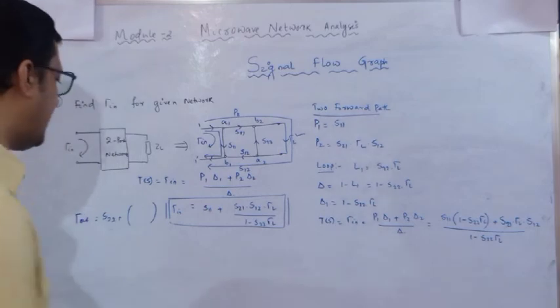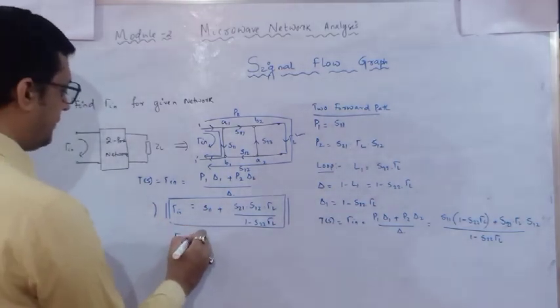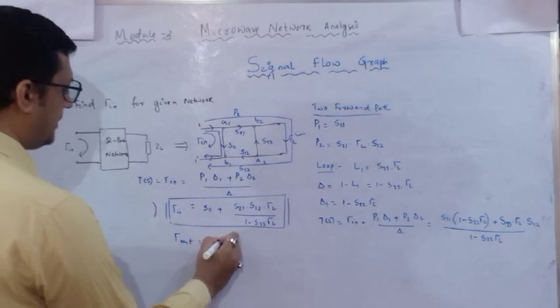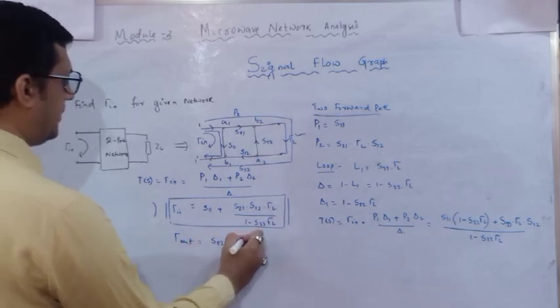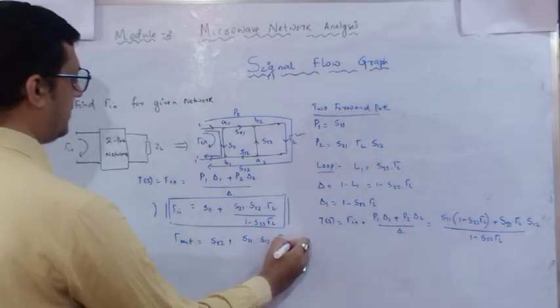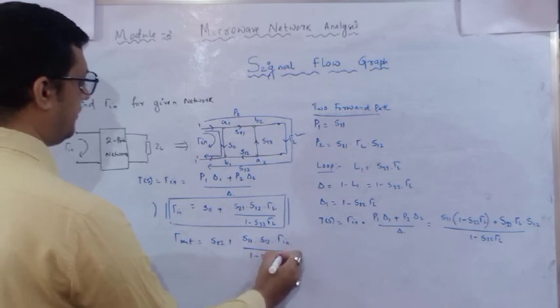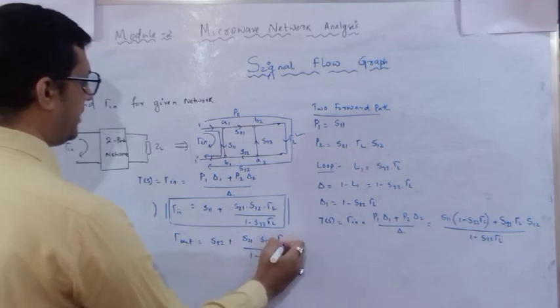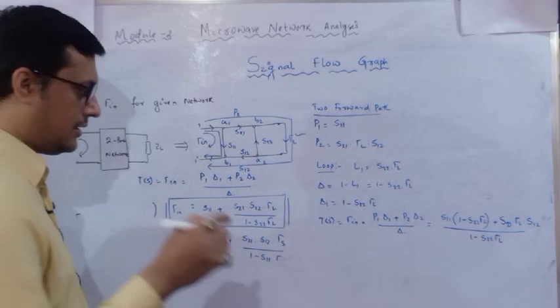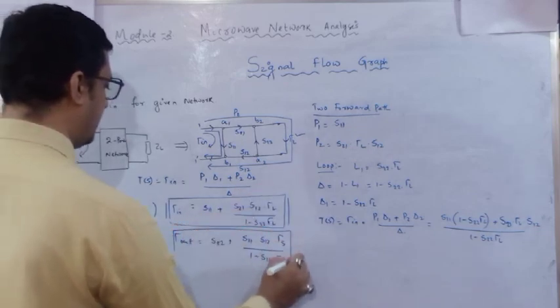The reflection coefficient at the output is S22 plus S21 S12 times the reflection coefficient at the input side, over 1 minus S11 times the reflection coefficient of the source. This input side will become the reflection coefficient of the source that you have to consider.